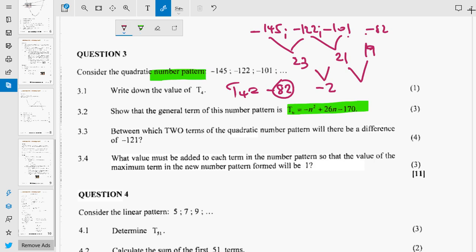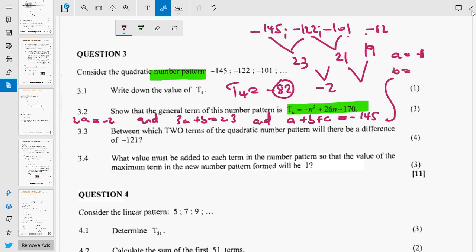Okay, very straightforward again. As long as you remember that 2a is equal to minus 2, 3a plus b is equal to 23, and a plus b plus c is equal to minus 145, then you're going to get your a to be minus 1, your b to be 26, and your c to be minus 170.